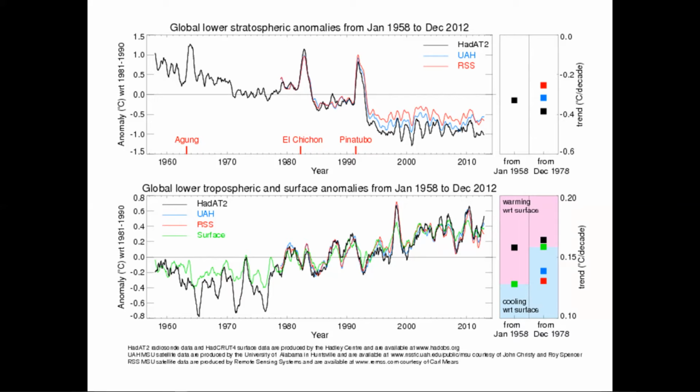But it is noticed that after 1995, the stratosphere's ozone has recovered, and you can see the trend after 1995 become insignificant. However, the troposphere and surface trend has been pretty consistent due to the increasing greenhouse gas.